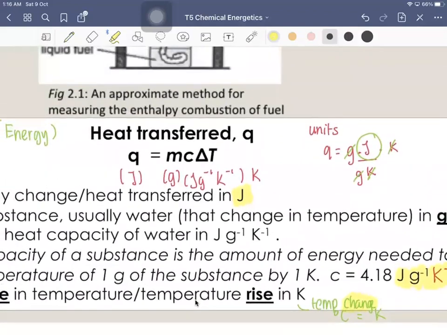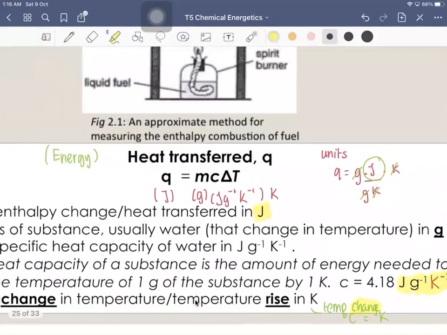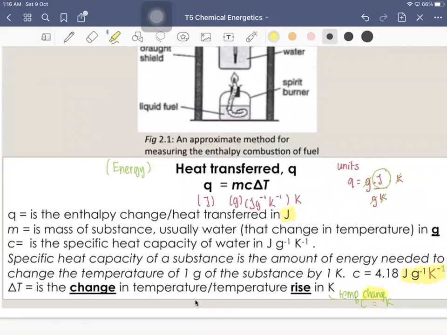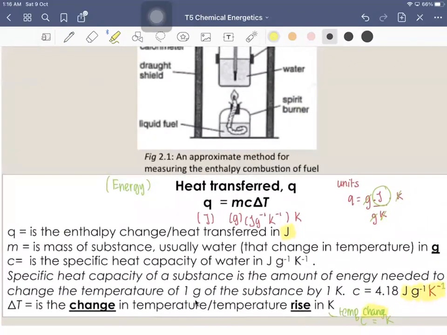In terms of mass, sorry, I'm jumping all over the place now. Mass of substance, okay, usually the water is given in volume, like 100 centimeter cube.